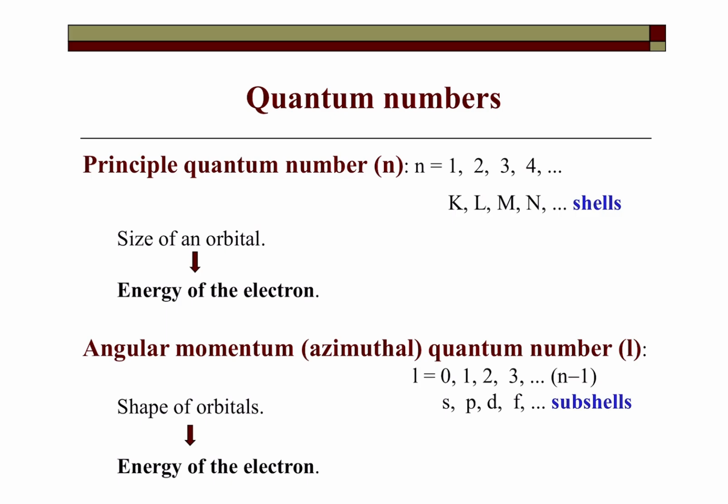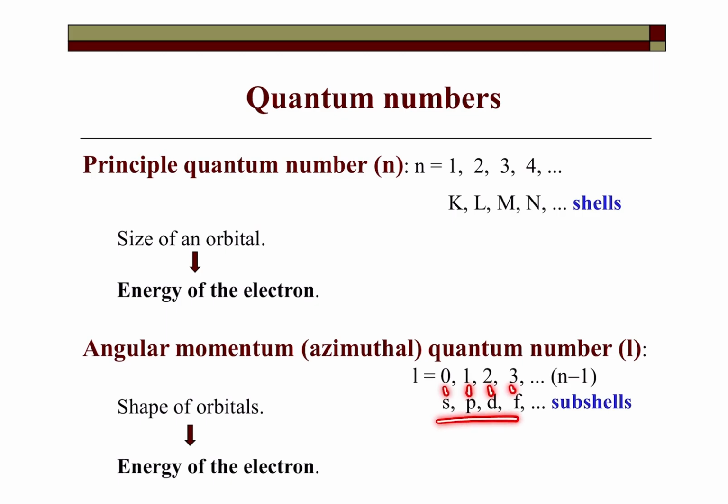But the angular momentum or azimuthal quantum number, or we can say angular momentum quantum number, we show by l. It starts with 0, 1, 2, 3, and the relation is l equals n minus 1. If we take the principal quantum number minus 1, it is the angular momentum number, which is a subshell. 0 is s, 1 is p, 2 is d, and 3 is f.